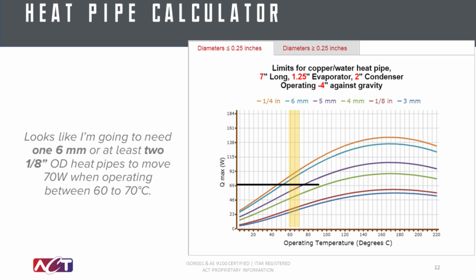So this is a good example of how you can use one heat pipe that can carry more than the amount of power, or you could use two smaller heat pipes to make them package better that can carry the total amount of power.